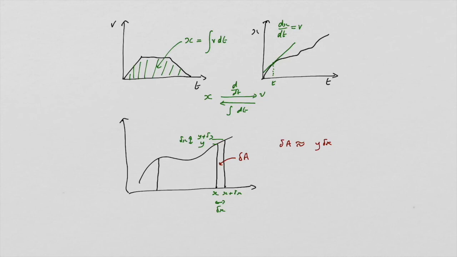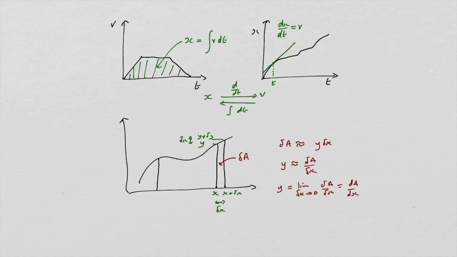If we then divide by delta x and swap it round, we get that y is roughly equal to delta A over delta x. And then, as we did when we were differentiating from first principles, we can take a limit of this as delta x tends to 0, and that gives us dA by dx.